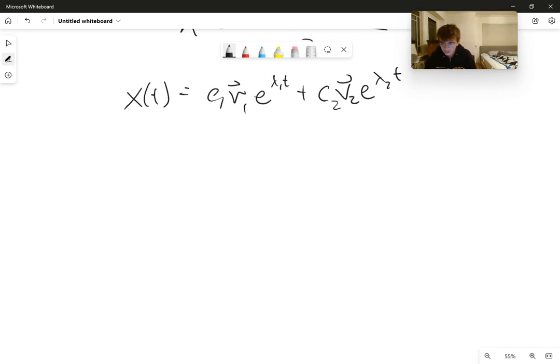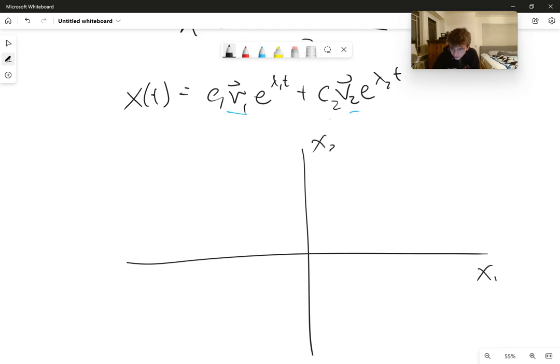To analyze these graphically, I'm going to look at the eigenvectors v1 and v2. I'm going to note that if I care about the phase plane of x1 and x2, remember we have two differential equations. x1 dot is equal to some linear function f of x1 and x2, and x2 dot is some linear function g of x1 and x2, and these are linear.